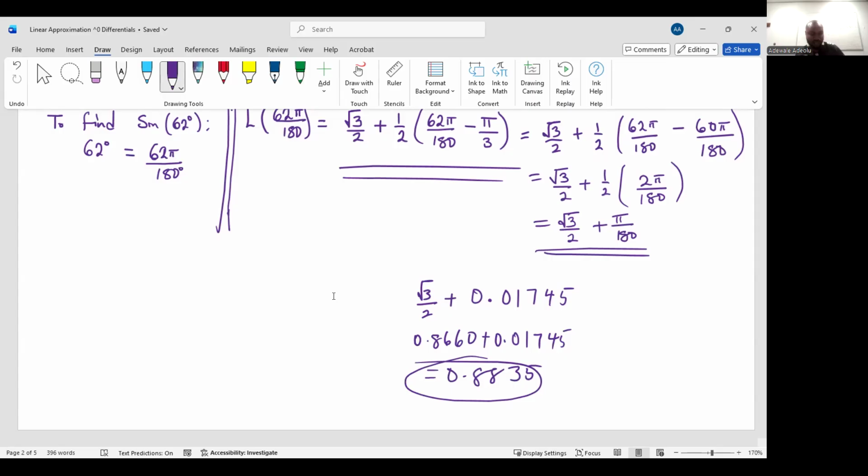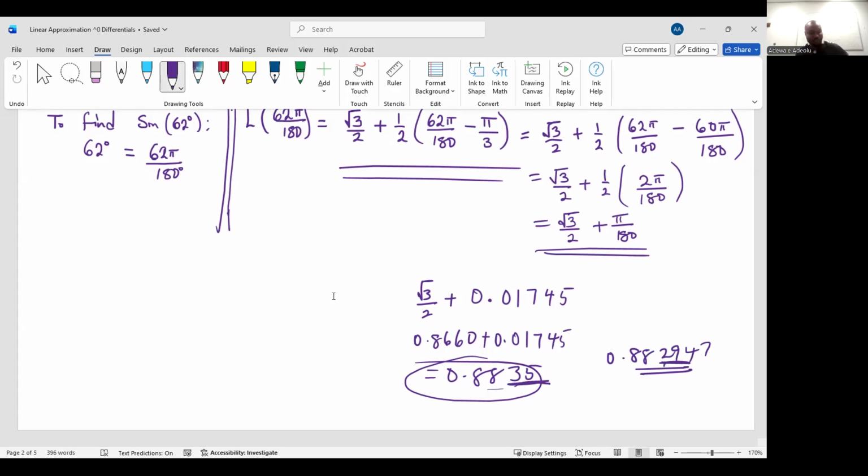But remember that 62 is in degrees, so make sure your calculator is in degrees. So sine 62 degrees, the actual value is 0.882947. Look at it: I have 0.8835 and 0.8829.